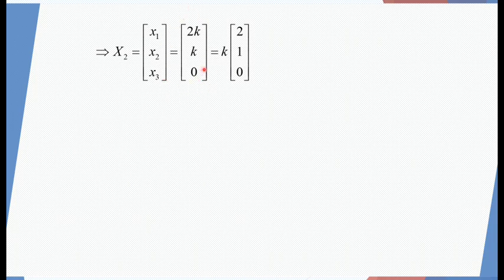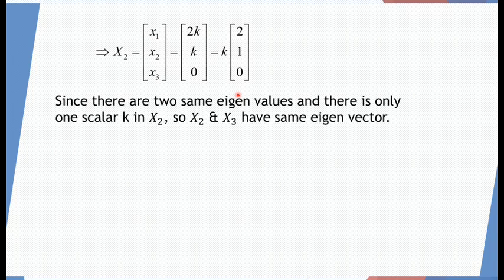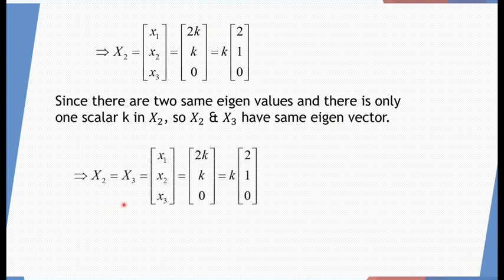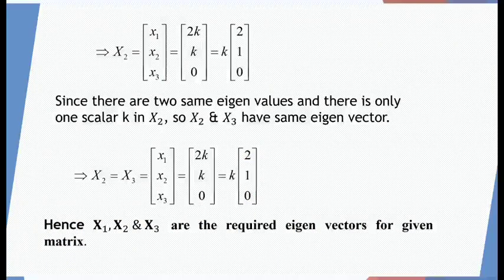It means it depends on the k, so the same eigenvector will arise. So this is the case of geometric and algebraic multiplicity. This will be discussed in the next lecture. So here X2 and X3 are both the same vector. So we can write X2 is equal to X3 as 2 1 0. So the capital X1, X2 and X3 are the required eigenvectors for the given matrix.